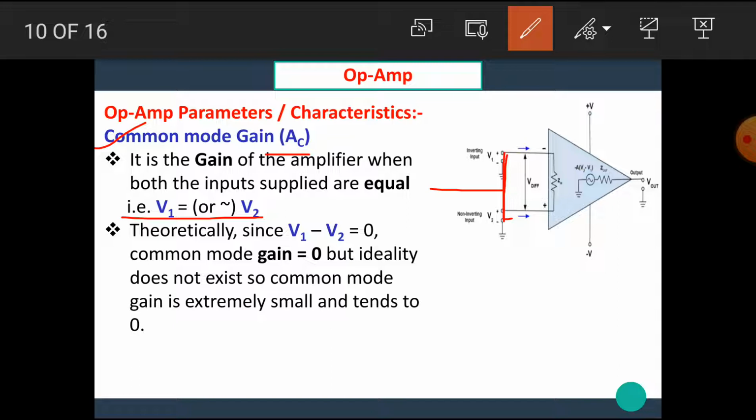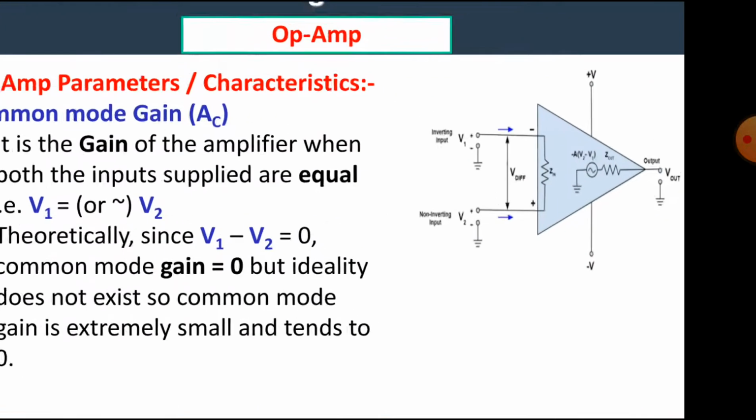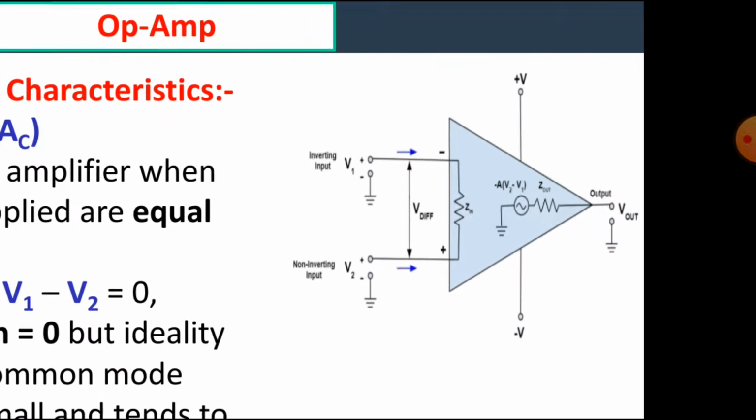Theoretically, since both the values are the same and one terminal is negative while the other is positive, V1 minus V2 is equal to 0. Therefore the common mode gain is also 0, but ideally it does not exist, so common mode gain is extremely small and tends to 0. I hope you all understand the differential mode gain and common mode gain.